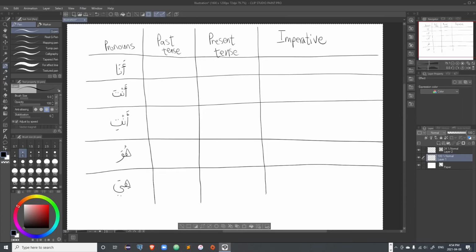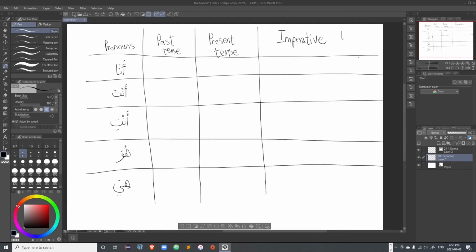So what I will do here is we will take the verb to do or to make or to act. That verb can be used for these three contexts, for these three definitions, depending on its context.